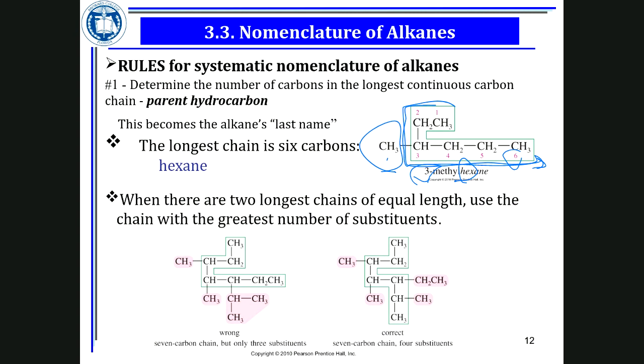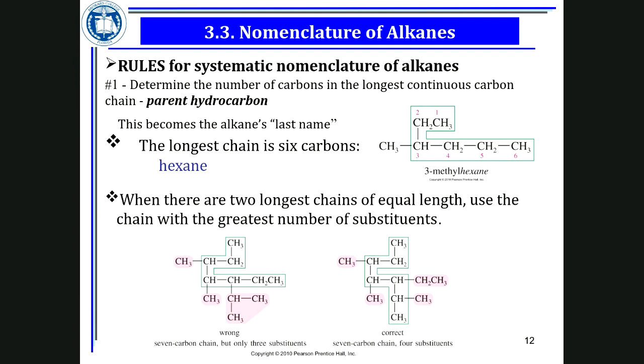So for this compound here, this is a better example. It brings a new rule. You want the smaller numbers assigned to the branches. But if you have a possibility for a greater number of branches, you should go with the greater number of branches.